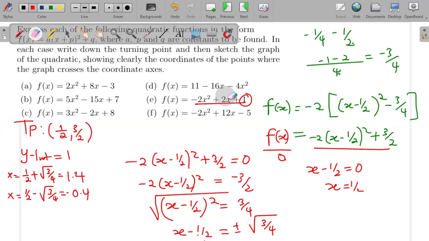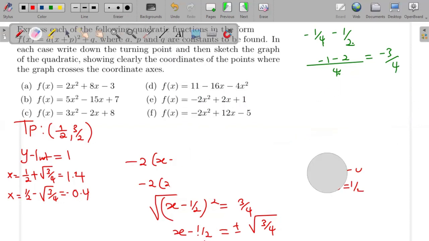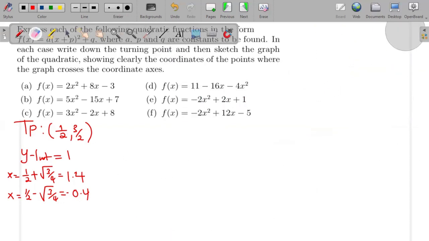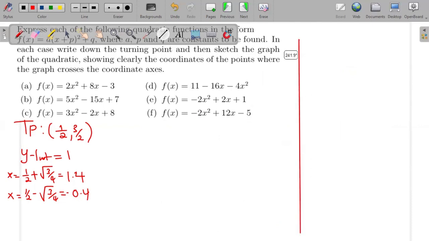We can sketch this graph. Okay, so this is our y, this is our x, this is my 0.